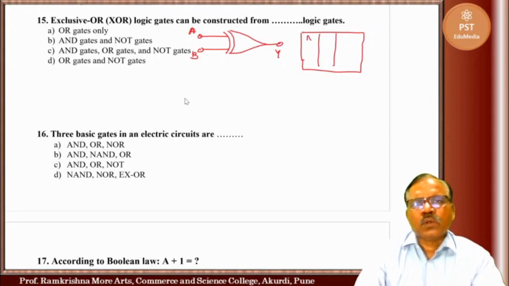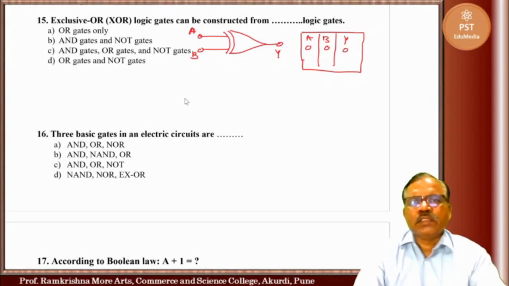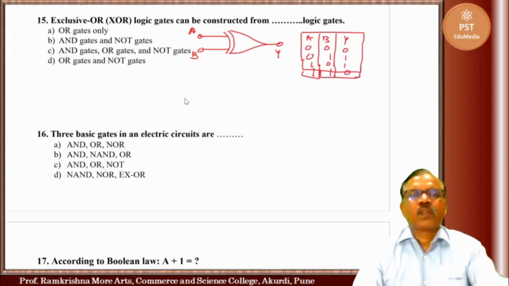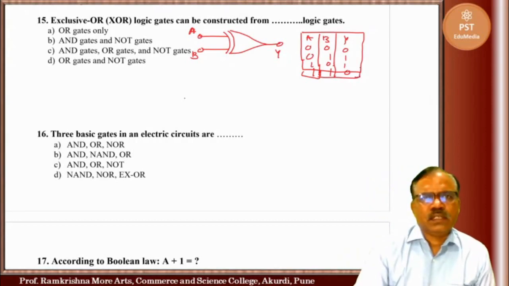For XOR, A, B, Y. When 0, 0, output is 0. When 0, 1, output is 1. 1, 0, output is 1. 1, 1, output is 0. So this is XOR gate.